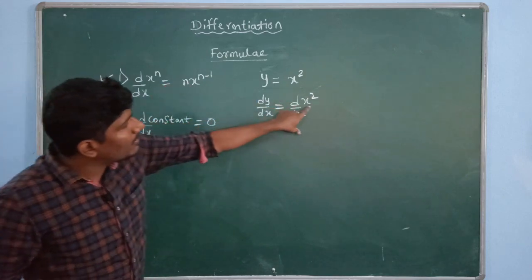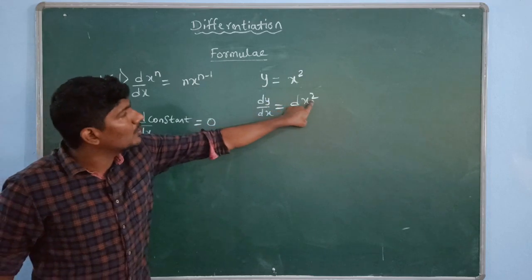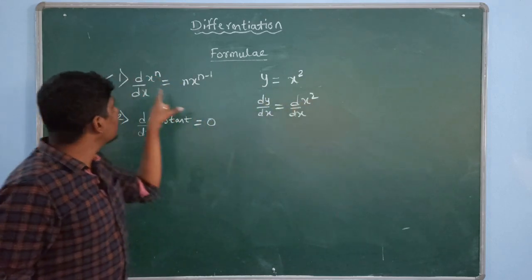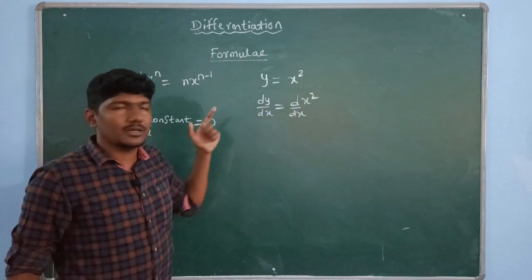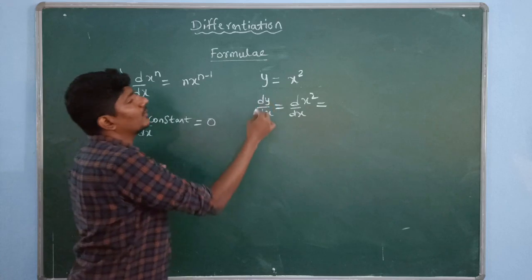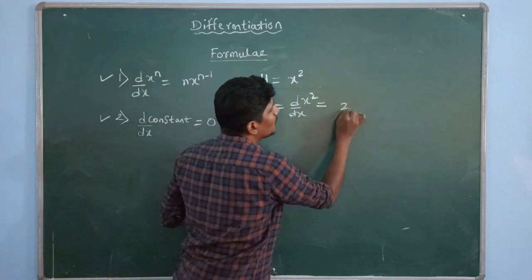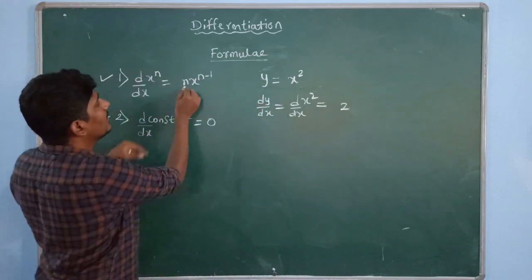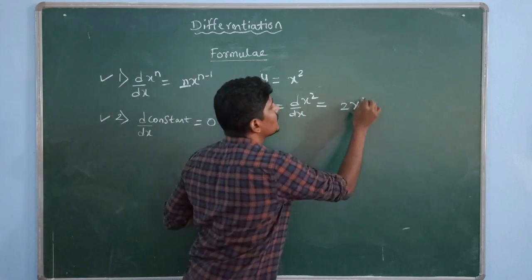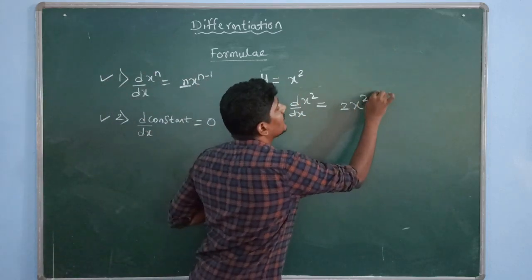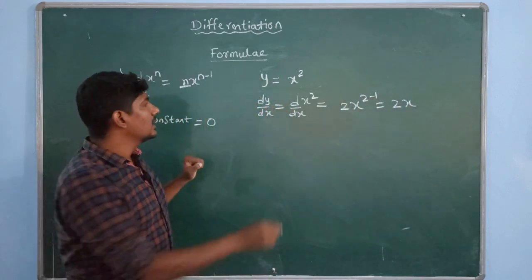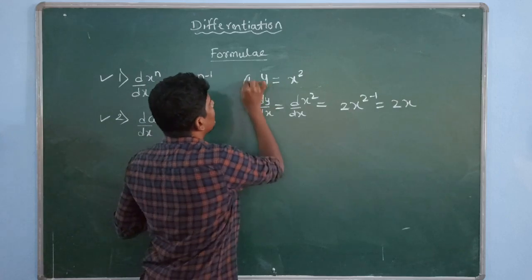In place of n, here we have 2, and in place of x, here we have x only, no change. According to the first formula, the answer should be 2 in place of n, and then x raised to 2 minus 1. So that is 2x. Very simple. Next, we will take one more example.